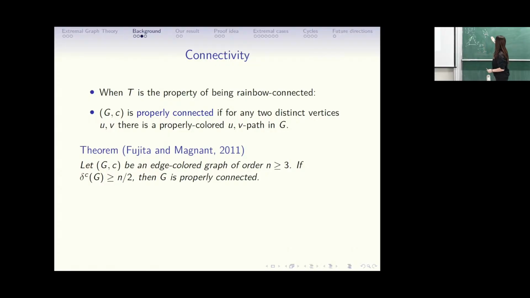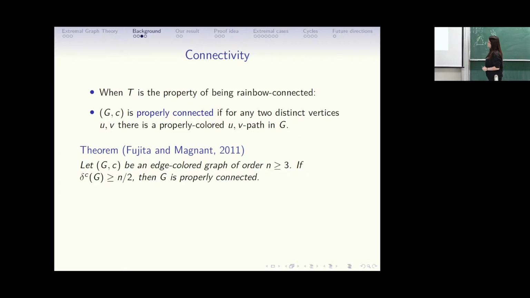We say 2 vertices are properly connected if there is a properly colored UV path. This is a weaker requirement than rainbow connected. And we say the graph is properly connected if between each pair of vertices there is a properly colored path. Okay.